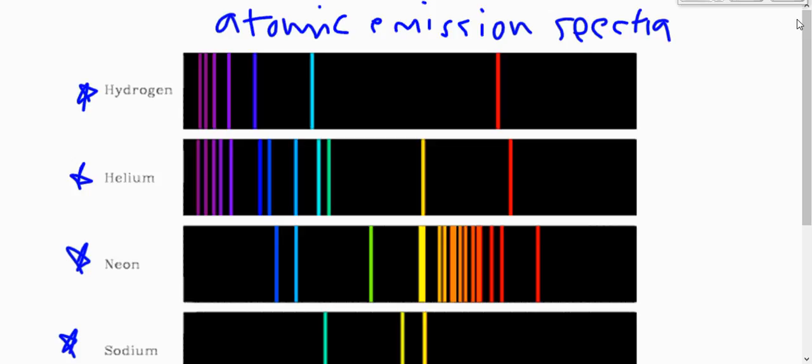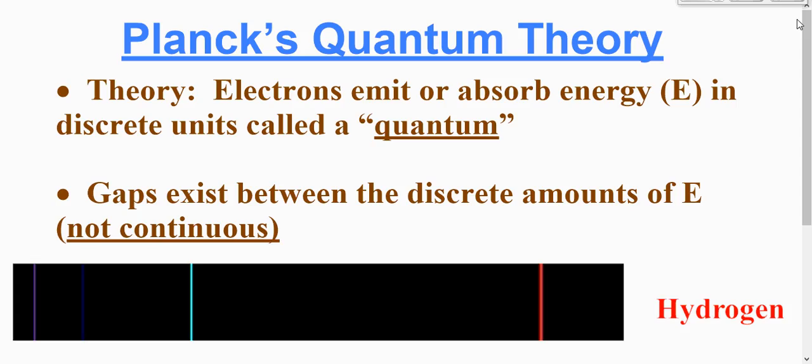Now, Bohr's genius is that he looked at these spectra and kind of backward engineered this idea that it must be electrons in motion. And so him and Planck, Max Planck, and Einstein then took this work to develop the photoelectric effect. But they basically had this theory that electrons emit or absorb energy in these discrete units called quantum, or quanta, plural.